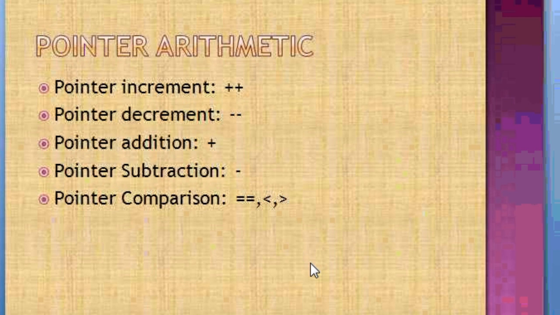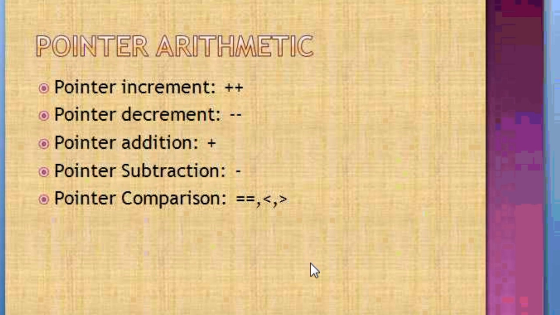So the pointer increment operator will increment the value by 2. We are writing ptr plus plus, but it will increment the value by 2. Why? Because the next value will be stored after 2 bytes, right? So ptr plus plus will increment the value by 2 bytes.